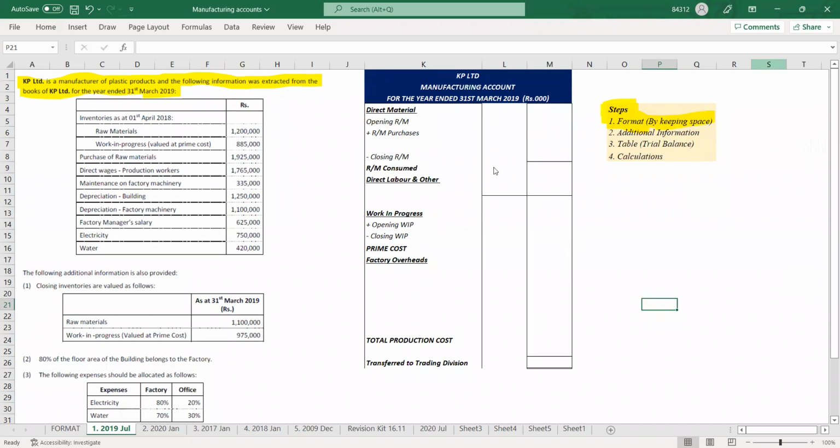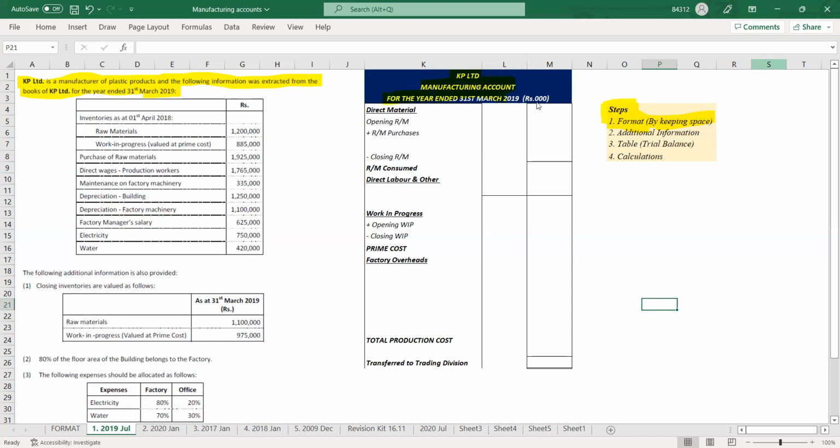Not only for this, even if you are preparing financial statements for sole proprietorship, partnership, companies, non-profit organizations, cash flow statement, any question, right? Always the first step is draw the entire format. Always try to see the question from the bird's eye view, right? From the top. Then you can do one by one, step by step. Okay. So first we draw the complete format.